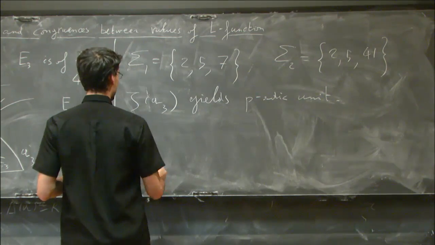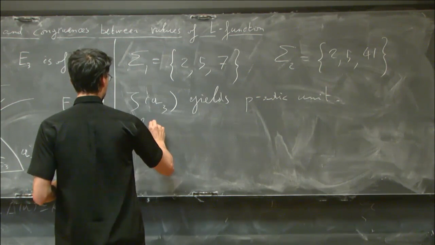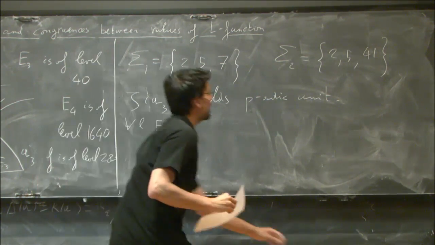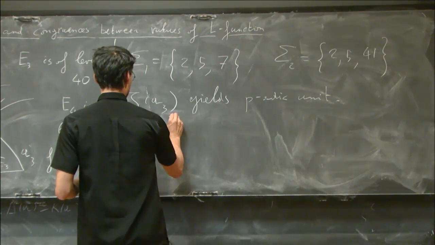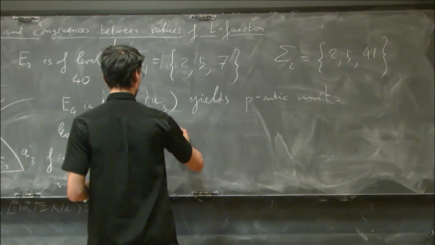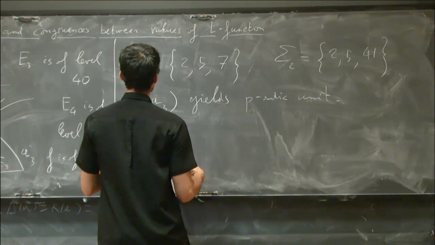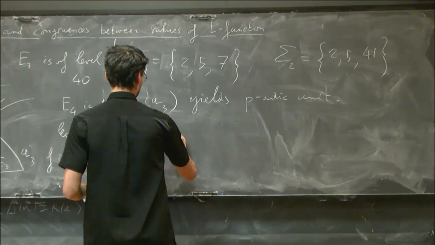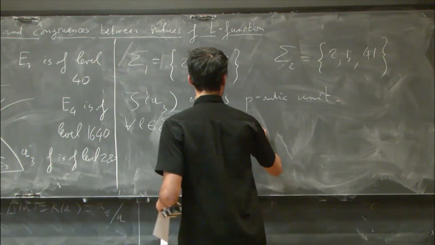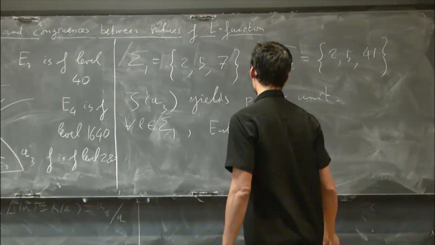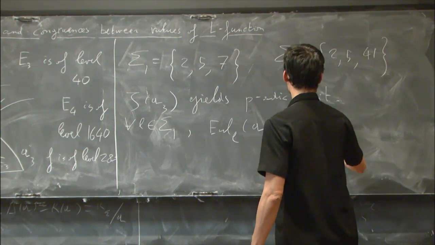But what happens then is that for all l in Sigma 1, the Euler factor of A_i is a unit.